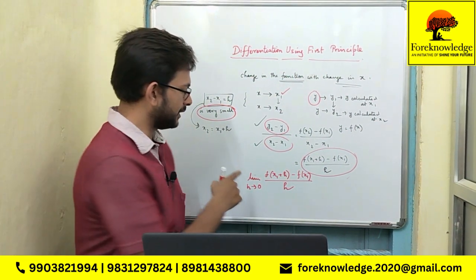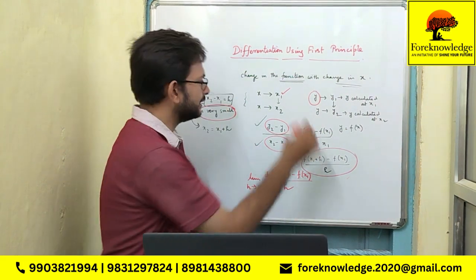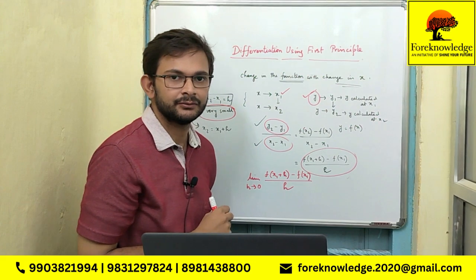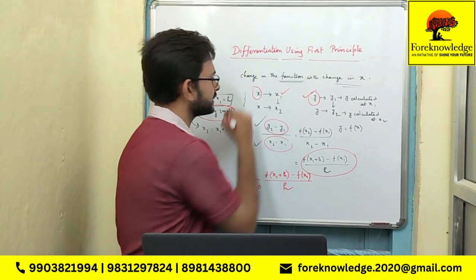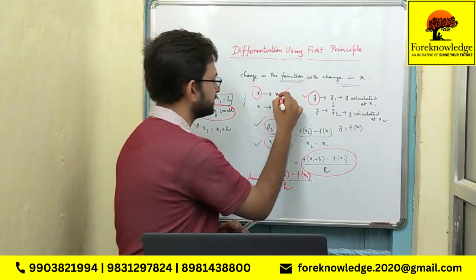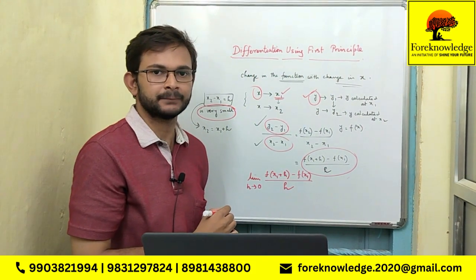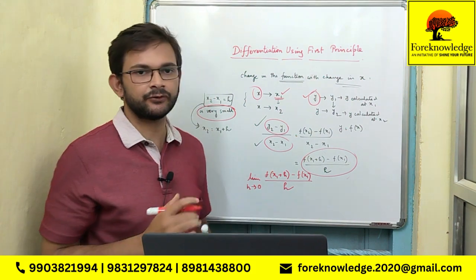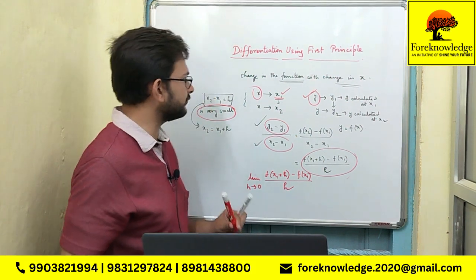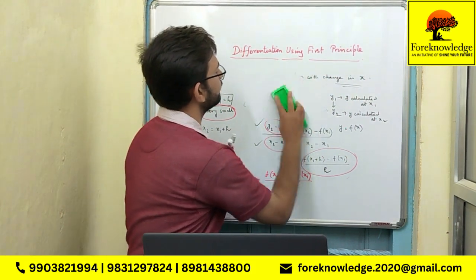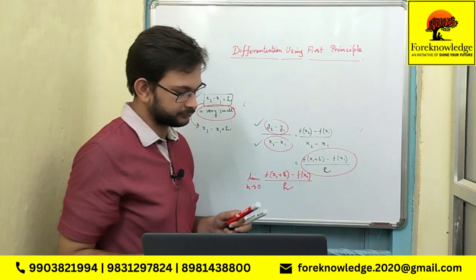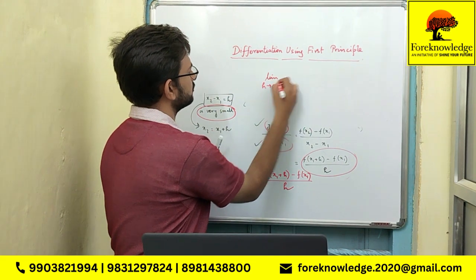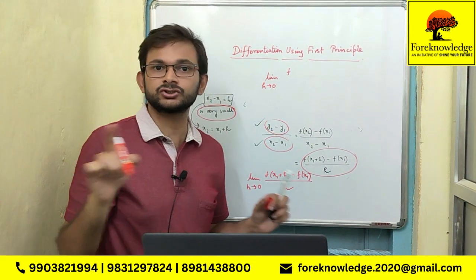What is this? This is the derivative of y, or the differentiation of y with respect to x when the value of x is x1. So for every x, if we generalize the formula, then the formula becomes limit h tends to 0, f of x plus h minus f of x, by h.